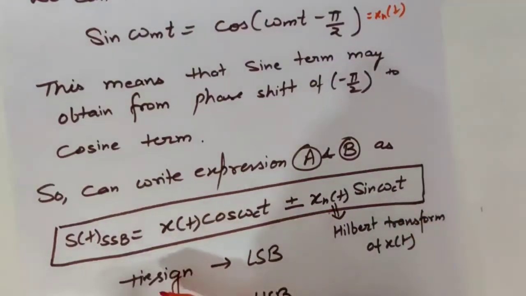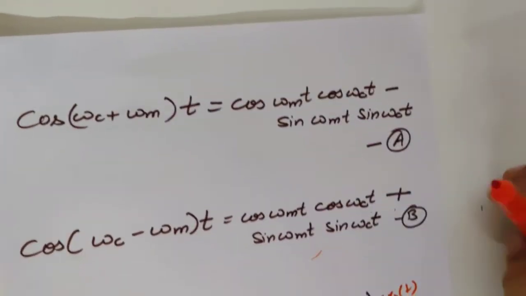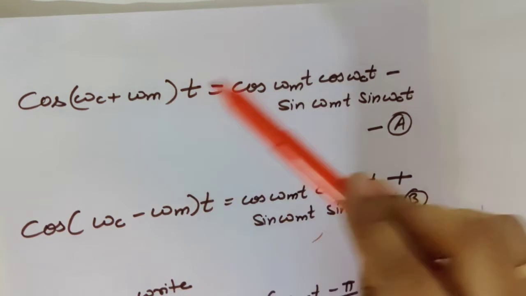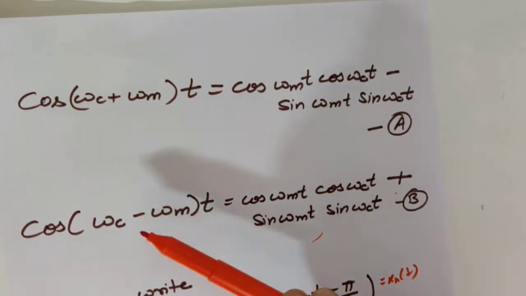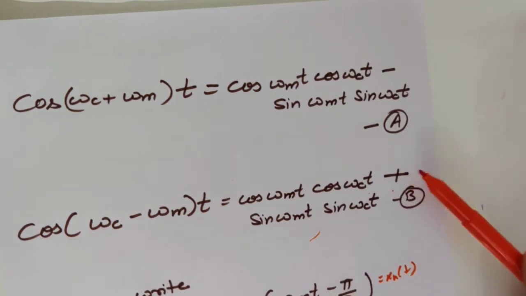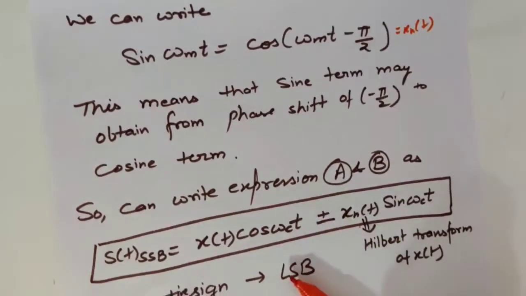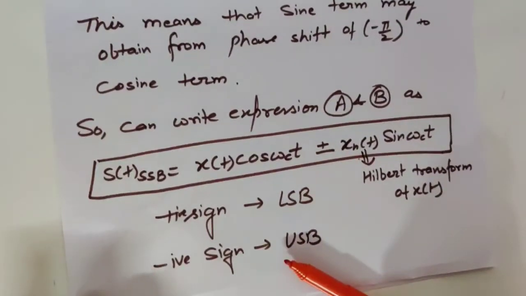Here, the positive sign means LSB and the negative sign means USB. You can see from equation A also that if it is USB, it has a positive sign here and a negative sign here, and if it is LSB, it has a negative sign here and a positive sign here. So in SSB, the positive sign is for LSB and the negative sign is for the upper sideband.